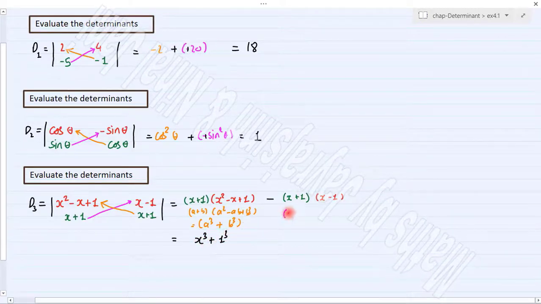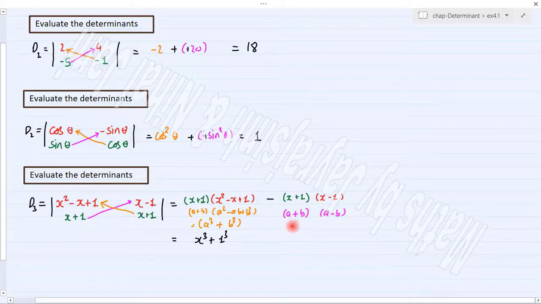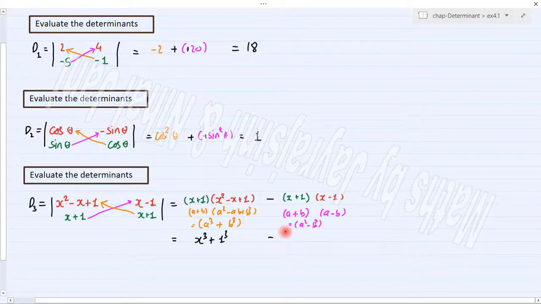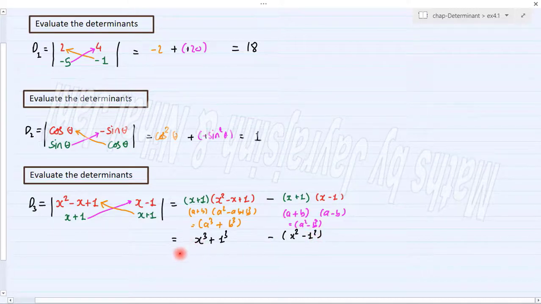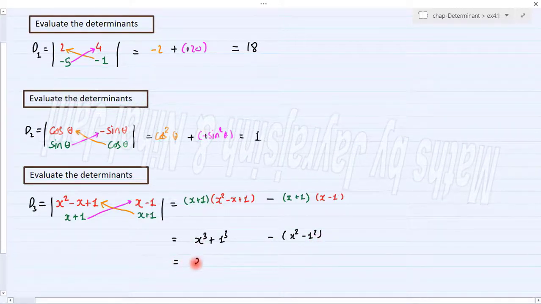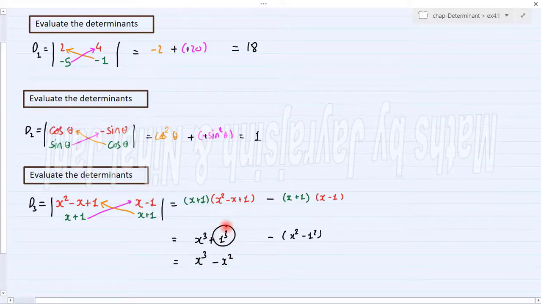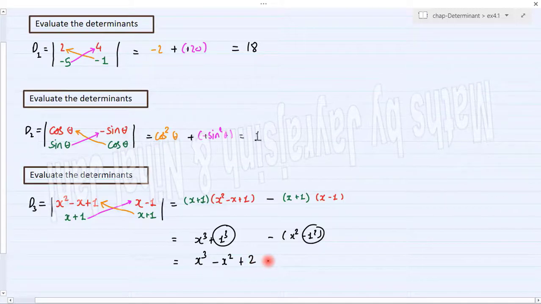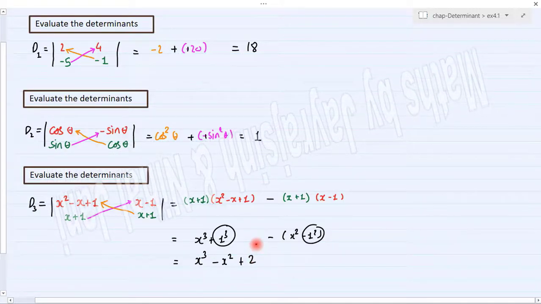And in the second term, we have (a plus b) and (a minus b), which is equal to a square minus b square. So we will get x square minus 1 square. So here we get x cube minus x square, and 1 minus minus 1 will become plus 1. So we get plus 2 as your final answer. Ta-da!